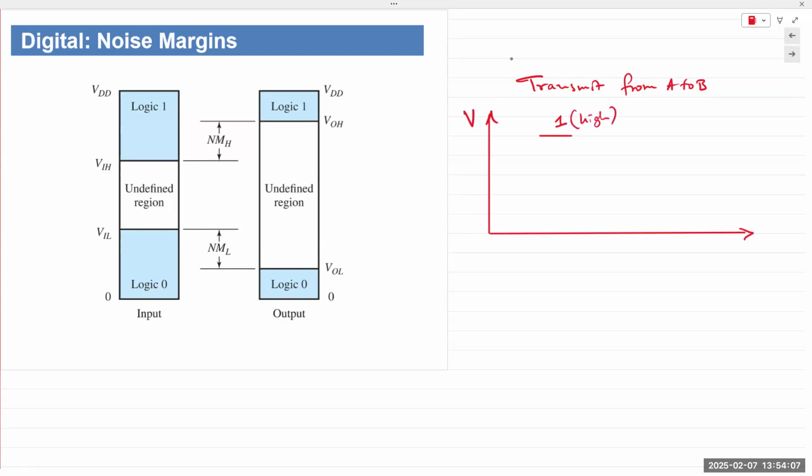But let's say a noise signal arrives and drops the level. Let's say this is 5 volts. Okay, logic high is 5 volts. It drops the level down to here. That's the signal.